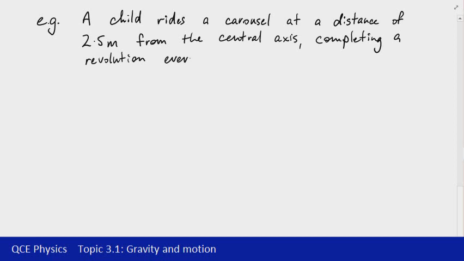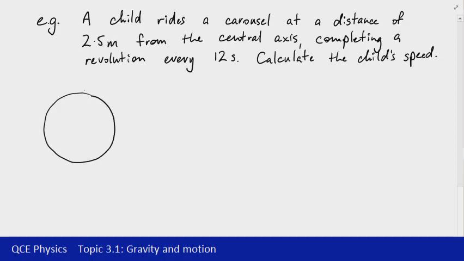So we have a couple of pieces of information there that we can obviously use. The question would then be to calculate the speed of the child. And we can do that very simply, first of all by considering a diagram. If we look at the circular path that's going to be travelled, the radius of that path is 2.5 meters.